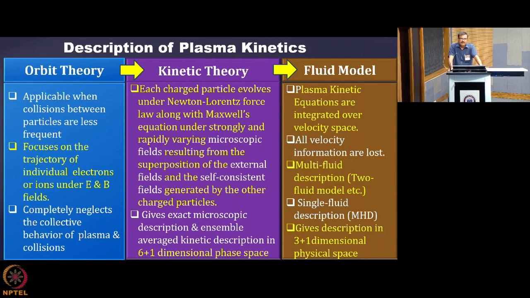So that is why it is an exact description of the plasma. It gives the exact microscopic description and ensemble average kinetic description in the 6 plus 1 dimensional space.